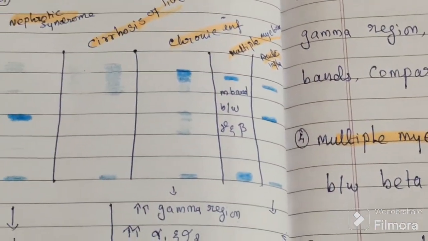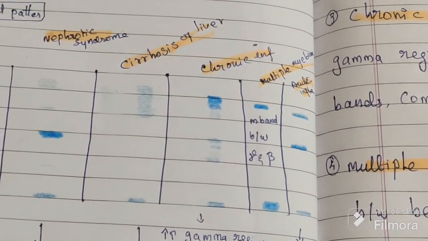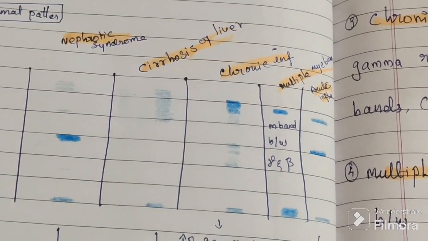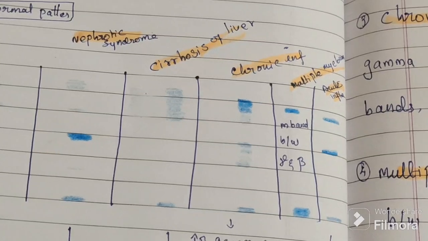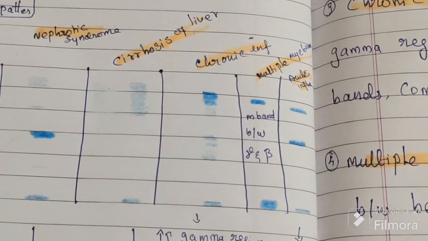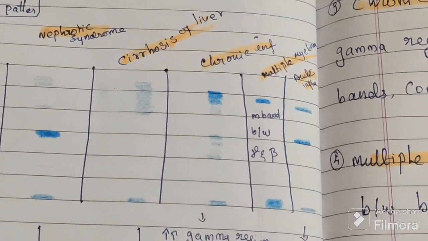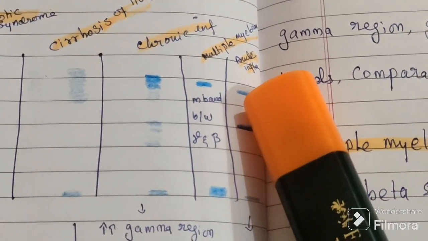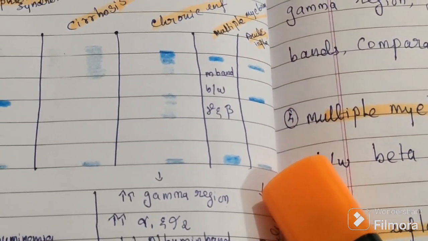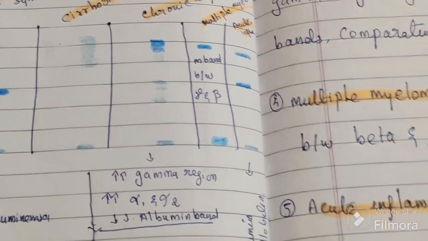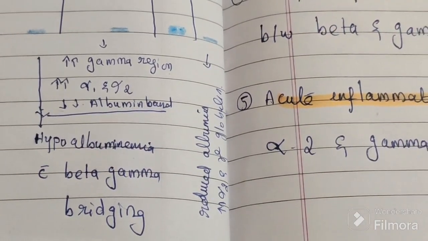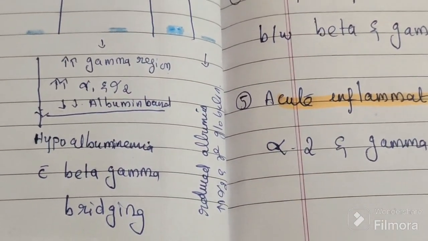By using electrophoresis, the 5 bands are gamma, beta, alpha 2, alpha 1 and albumin. Particularly, the gamma globulin shows prominence, with reduced albumin level and increased alpha 2 and gamma globulin level.